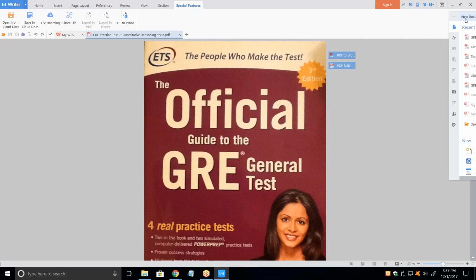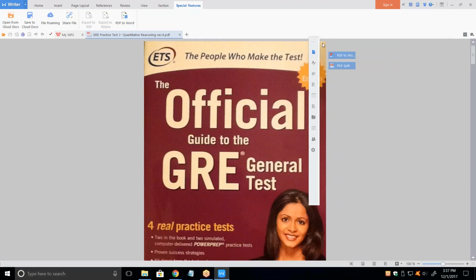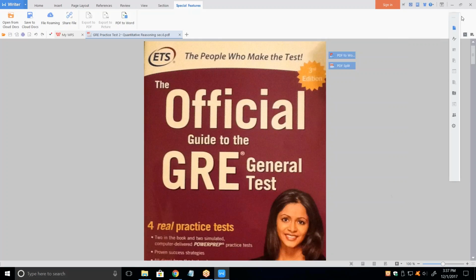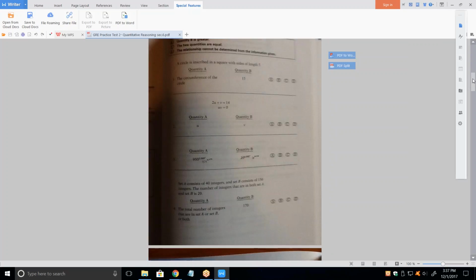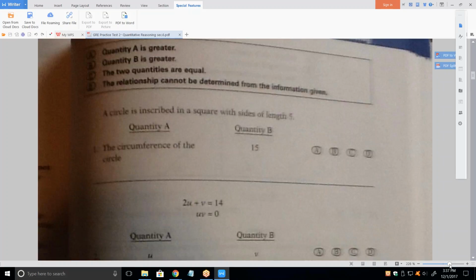So this might look fuzzier because I took these pictures really quickly. As long as I can read them, that's all that really matters, whether they're fuzzy or not. Yeah, I think we can read this.